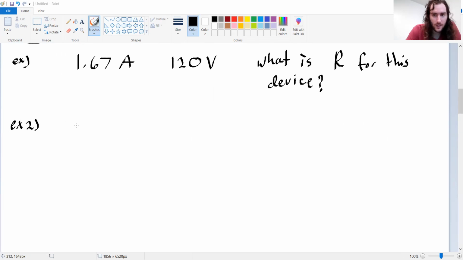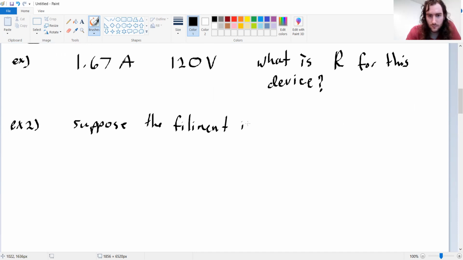I'm going to go ahead and write down a second part here now. Suppose the filament is 3 millimeters. I should probably give a material for that.